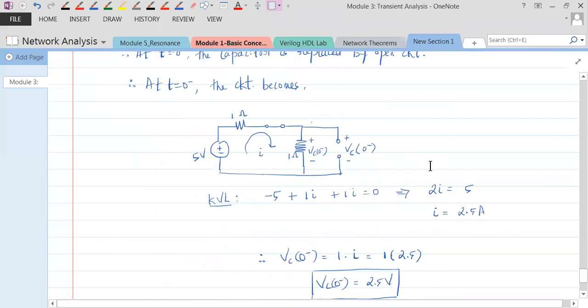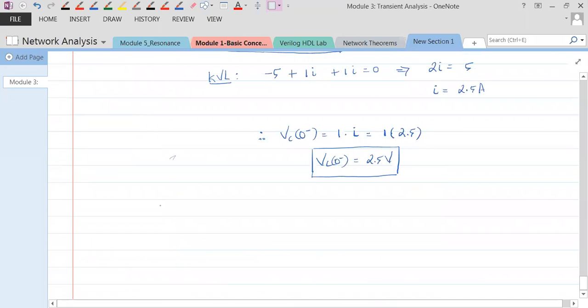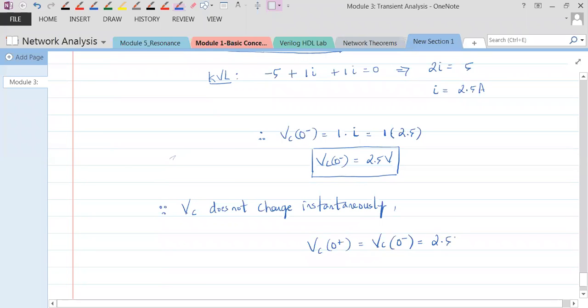Since VC, voltage across the capacitor, does not change instantaneously, Vc of 0 plus is actually equal to Vc of 0 minus, and this is equal to 2.5 volts. This is how we find out the voltage VC of 0 plus.